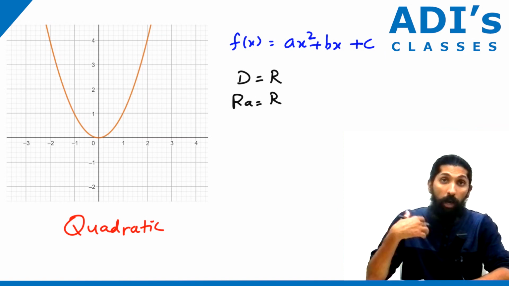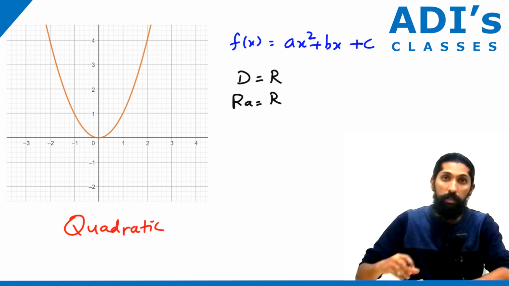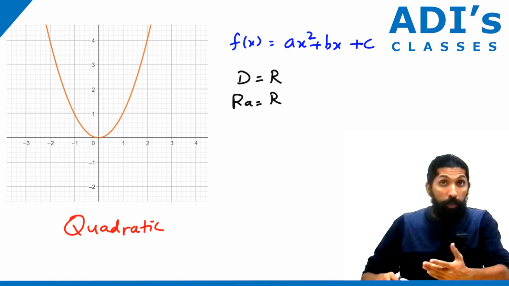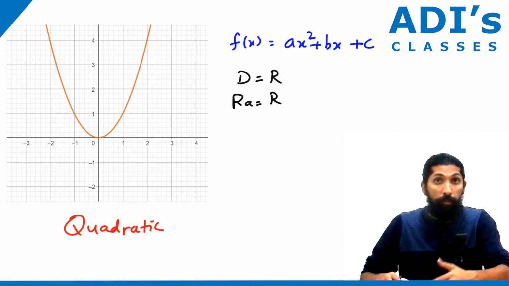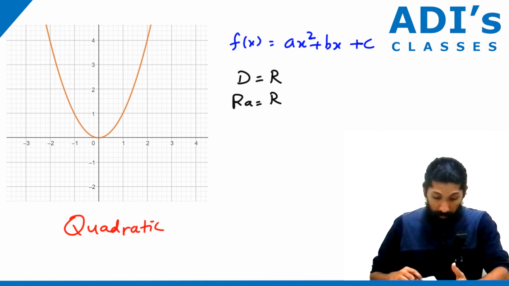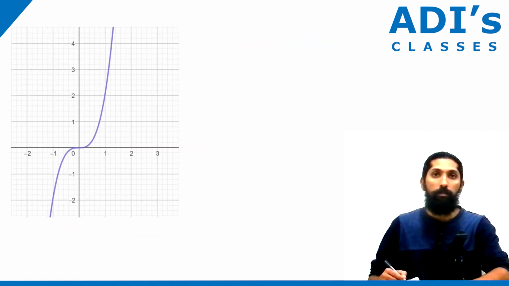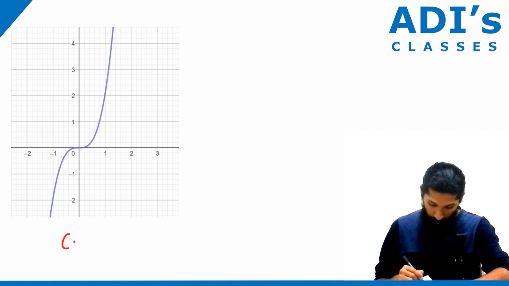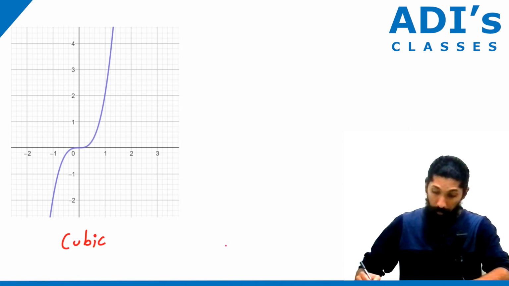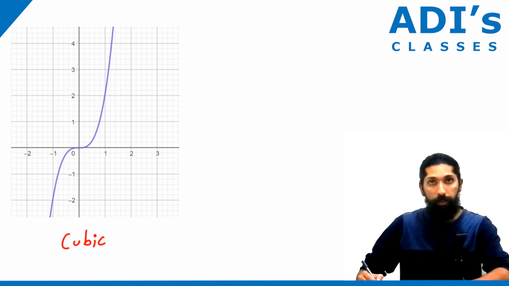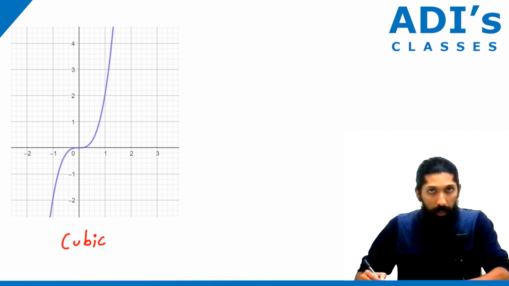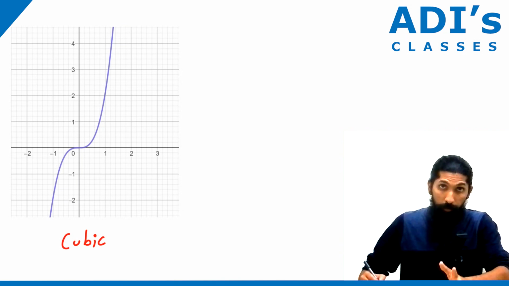Now we'll look into the other type of polynomial function. We'll try to understand how a cubic polynomial, or a cubic function, works. This is a quadratic function. The next one we are going to look at is a cubic function. This particular type of function is what we call a cubic function, or a cubic polynomial. What exactly happens in a cubic function?